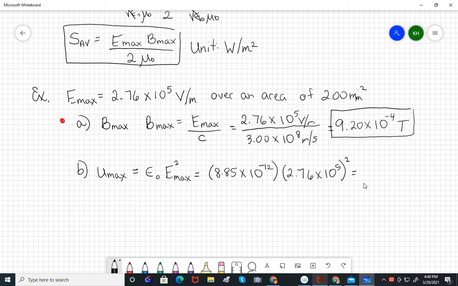Just to estimate the order, 10 to the 5th squared is 10 to the 10th, and this is 10 to the negative 12. This is roughly 9 times 3, so around 20, but a little smaller because I forgot to square this: 2.76 times 2.76 times 8.85. It comes out to 0.674 joules per cubic meter.